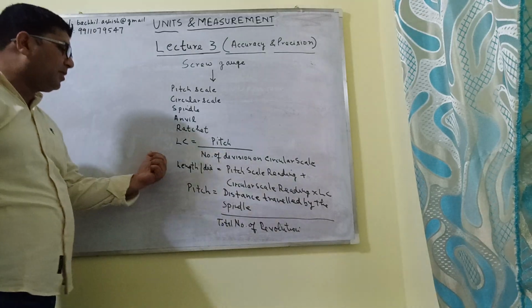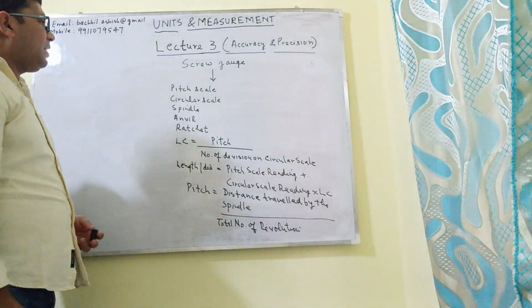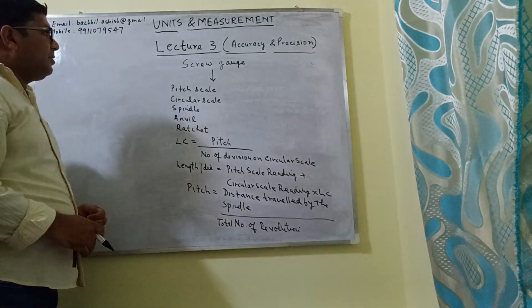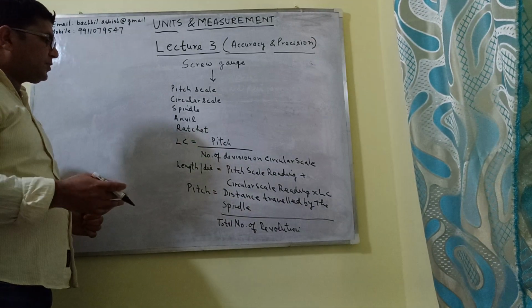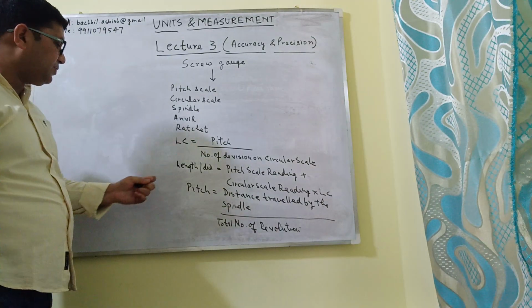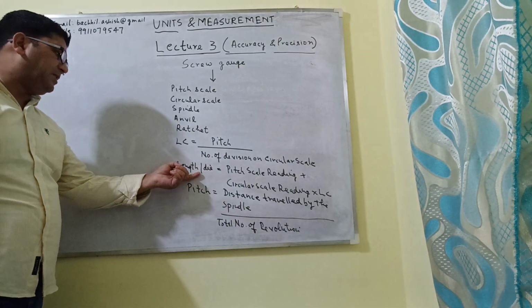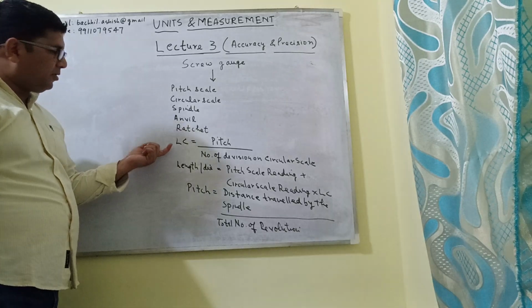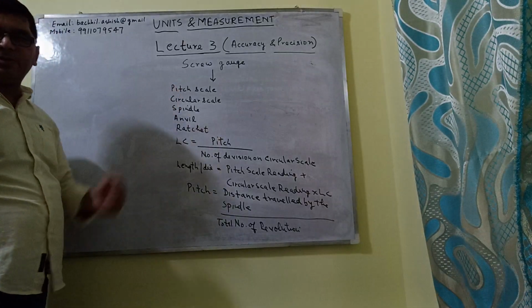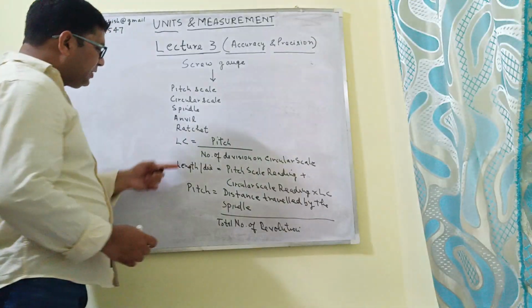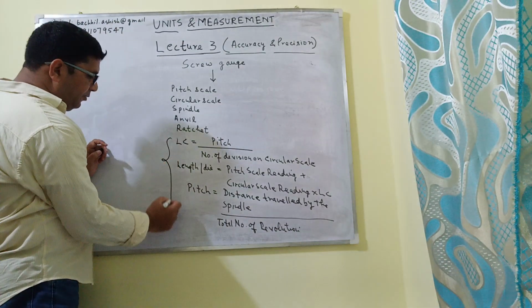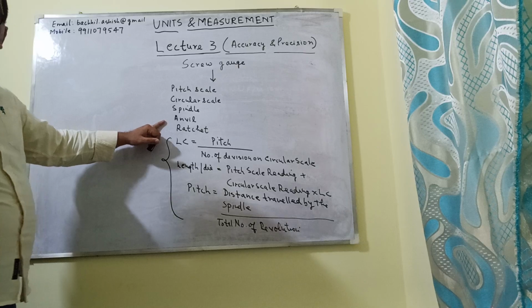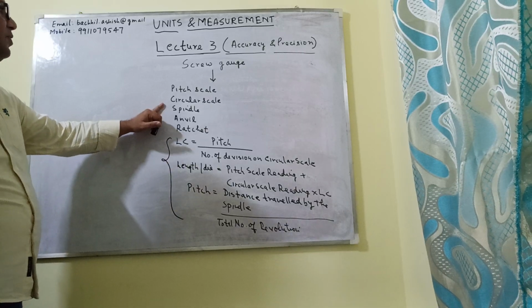So these are the 3 important formulas which are primarily used in solving those problems in which we have to find the length or the diameter of an object, or we have to find the pitch of that particular instrument. These are the 3 important formulas which you have to remember, and these are the 5 major parts of a screw gauge.